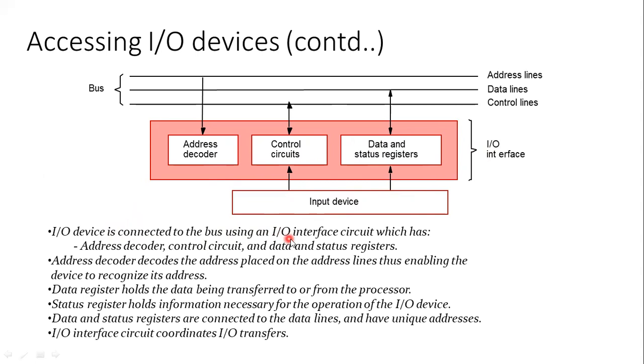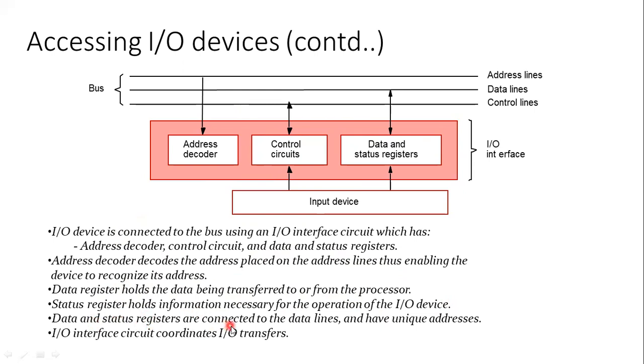The I/O interface circuit has an address decoder, control circuit, and data and status register. The address decoder decodes the address placed on the address lines, thus enabling the device to recognize its address. The data register holds the data being transferred to or from the processor. The status register holds the information necessary for the operation of the I/O device.